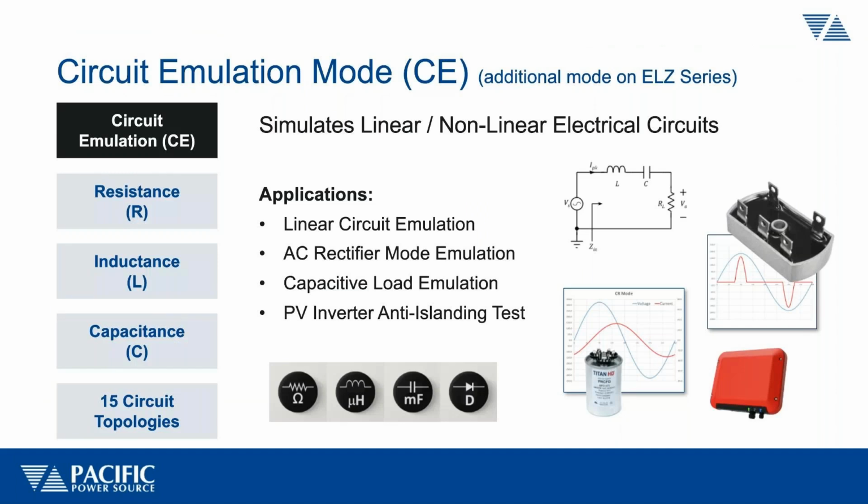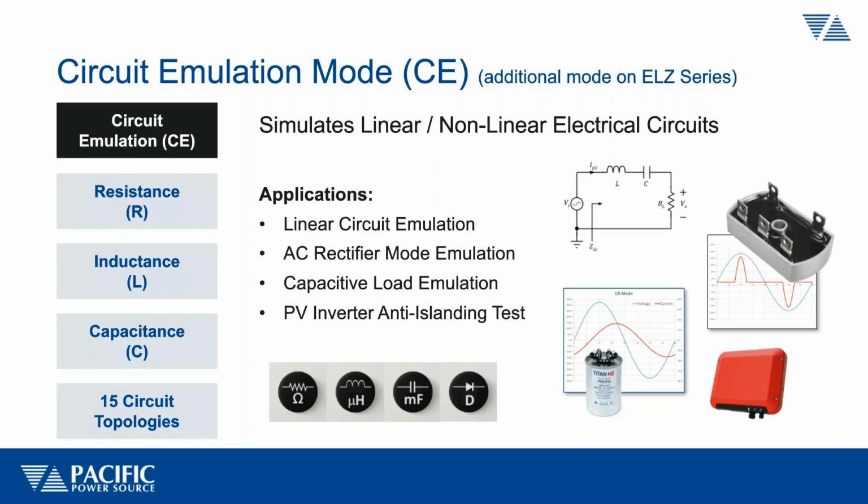Another mode that applies to AC loading in particular is what we call circuit emulation mode. This is where you have a combination of resistive, inductive and capacitive elements that you can combine into different network topologies.